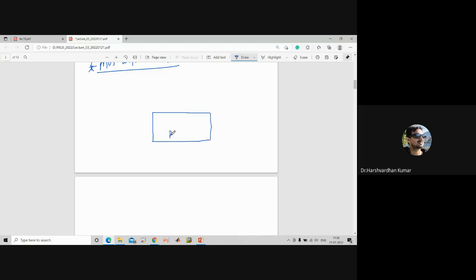Here it will be p type. There are two regions, n plus and n plus. Here let us say this is ground, or at negative potential. There will be a silicon dioxide layer here.